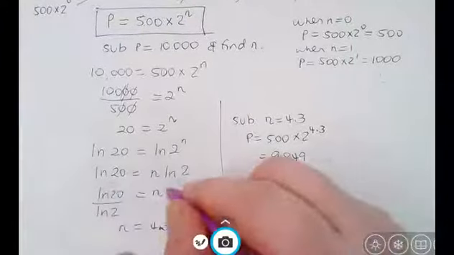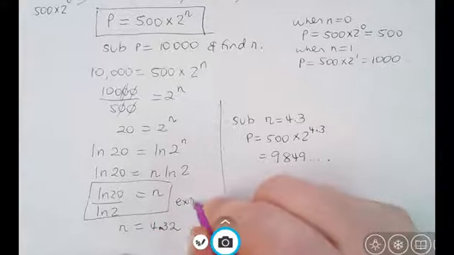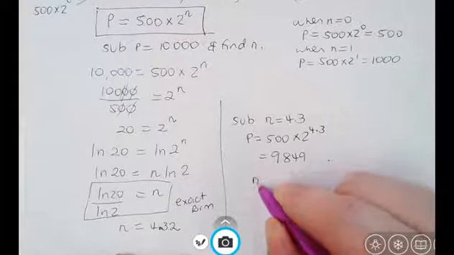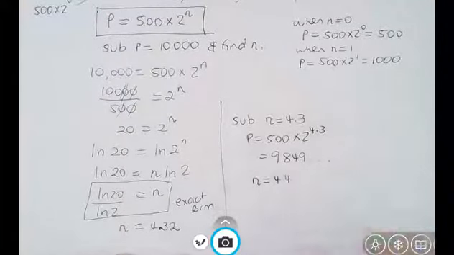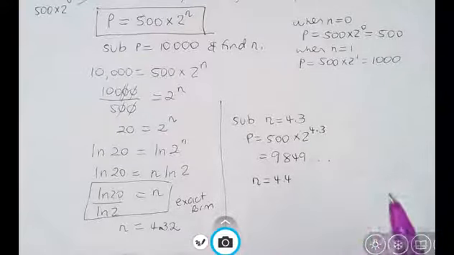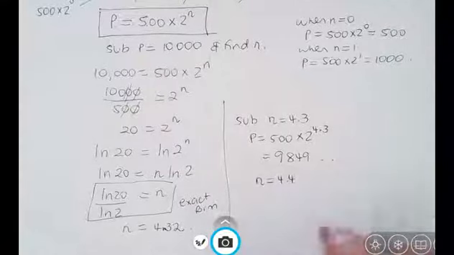So this here is my answer in exact form. This is my exact form for my number of years. And then to the nearest tenth of a year, you're going to need more than 4.3 years. You won't have achieved 10,000 rabbits yet.